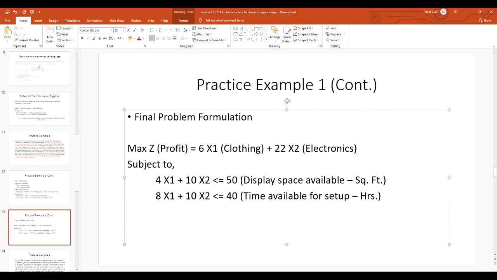So this is our final problem formulation. From here, we can then solve graphically, which we will do, and mathematically, which we will also do, to determine our optimal mix of clothing and electronics to maximize profit under these limitations.